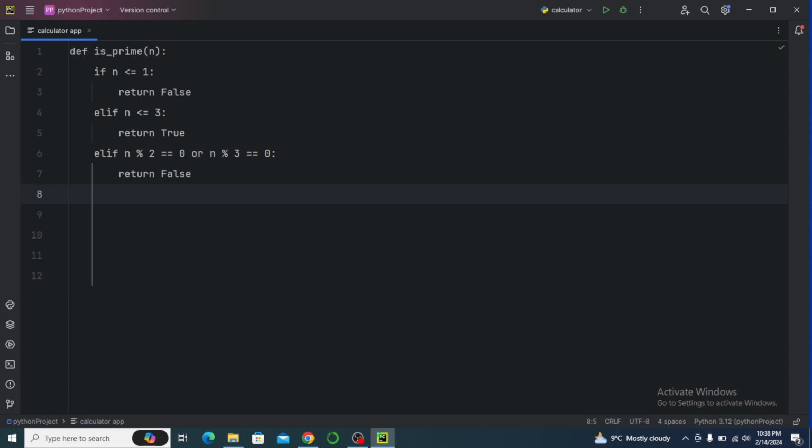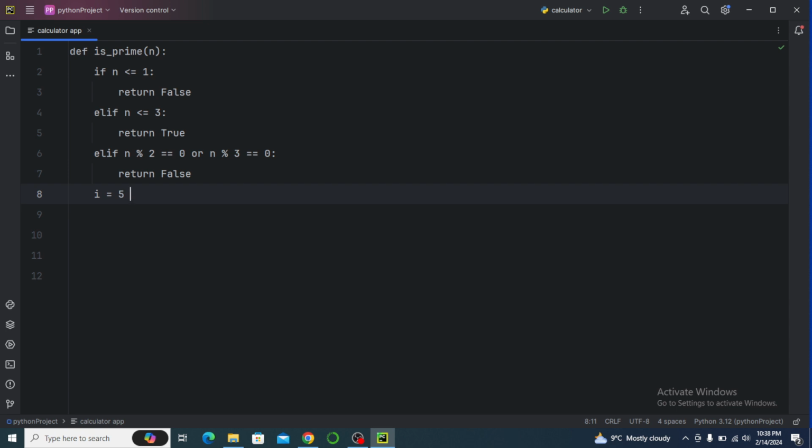Now we're going to give some certain conditions to be able to accommodate more information. So we are going to say i equals 5. I equals 5. Now this i is like a variable.